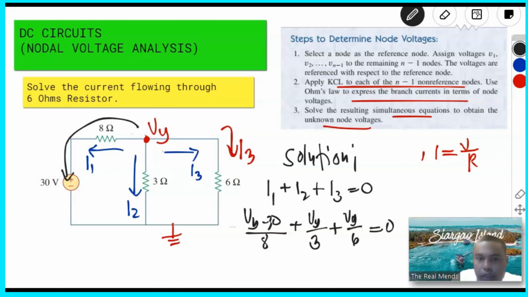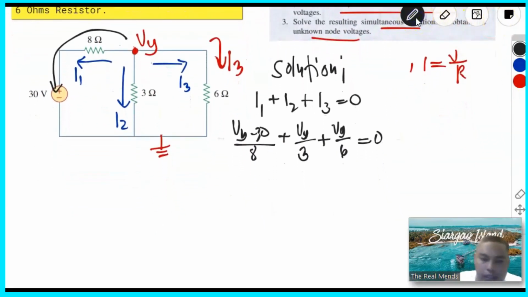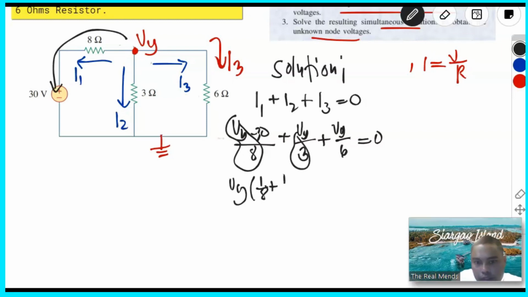is equals to 0. And then from that, we can combine like terms for this VB: we have 1 over 8 plus 1 over 3 plus 1 over 6 is equals to this constant, negative 30 over 8, transposed to the right side.